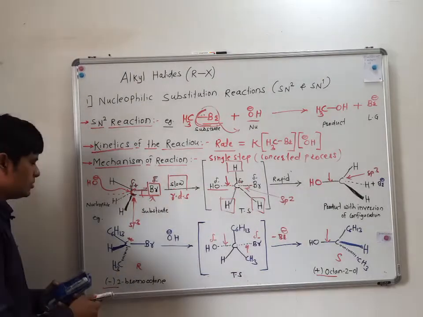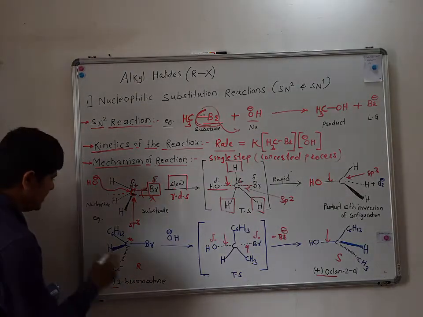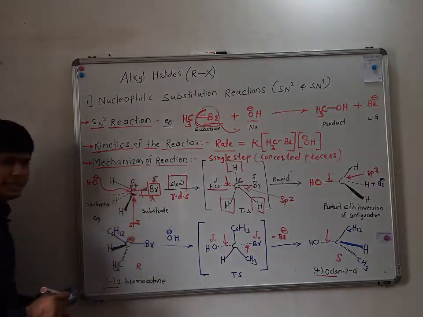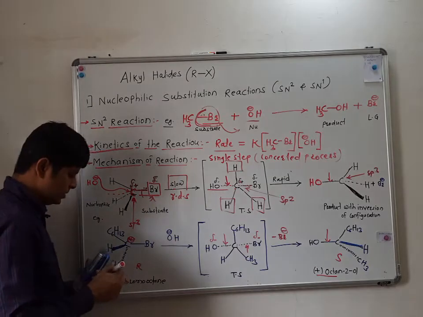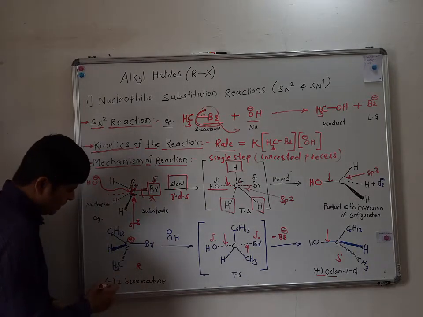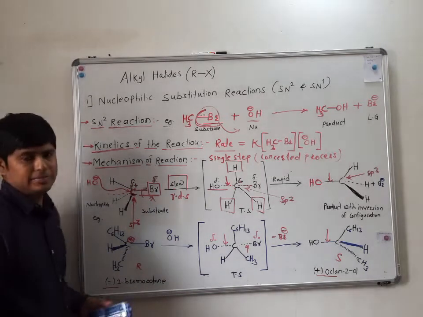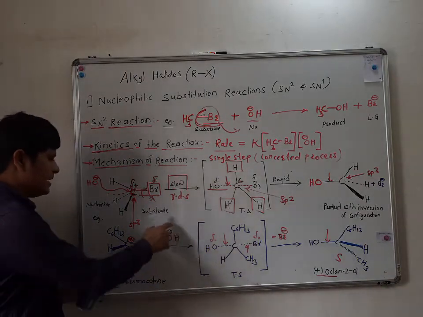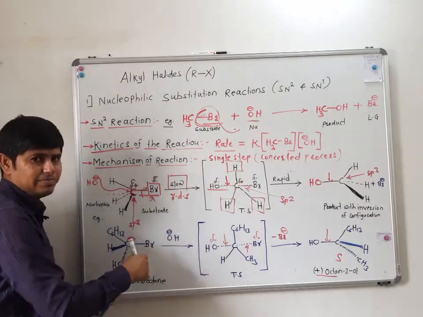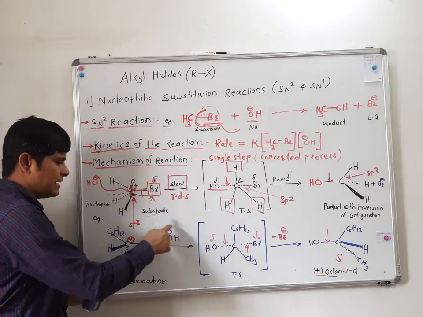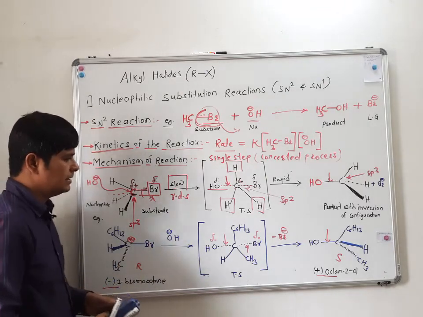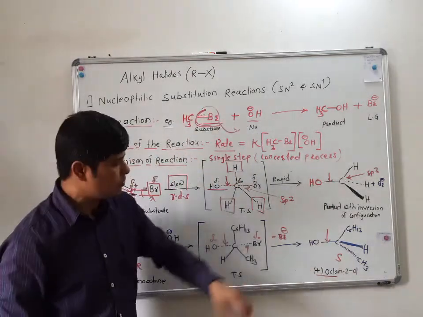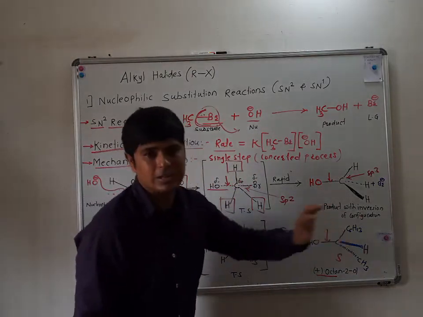Now we will also see one more example here, taking a chiral carbon atom. Here (-)-2-bromooctane is reacted with hydroxide ion to form (+)-octan-2-ol.